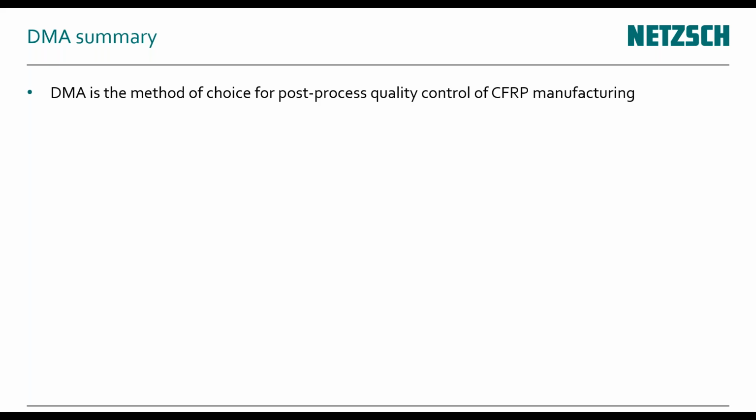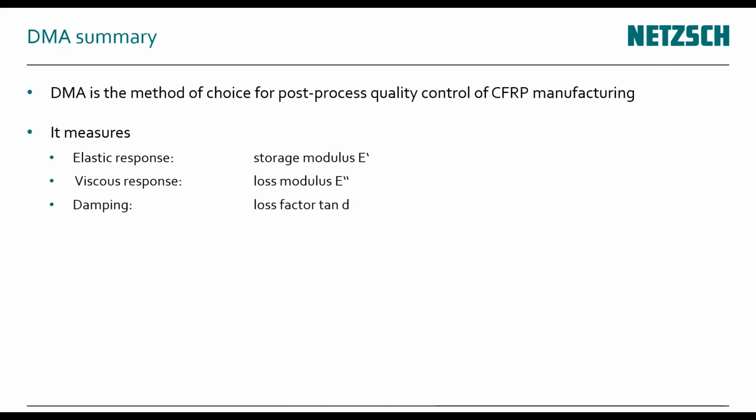So with that, we're through with the basic message of our webinar. DMA is the method of choice for post-process quality control of carbon fiber reinforced polymer manufacturing. We measure the elastic response, displayed in the storage modulus, which shows something like the stiffness of the material.